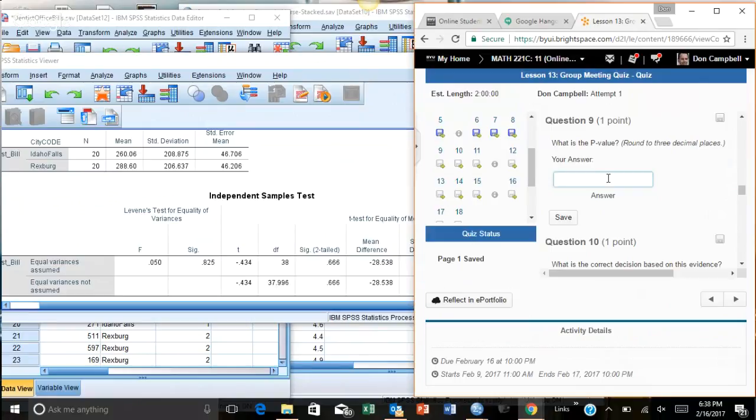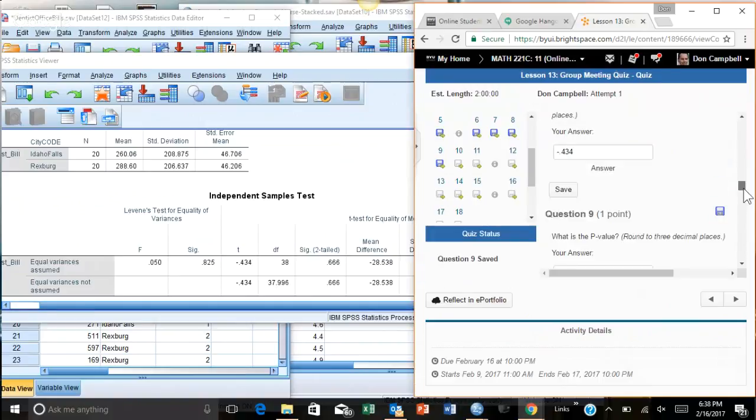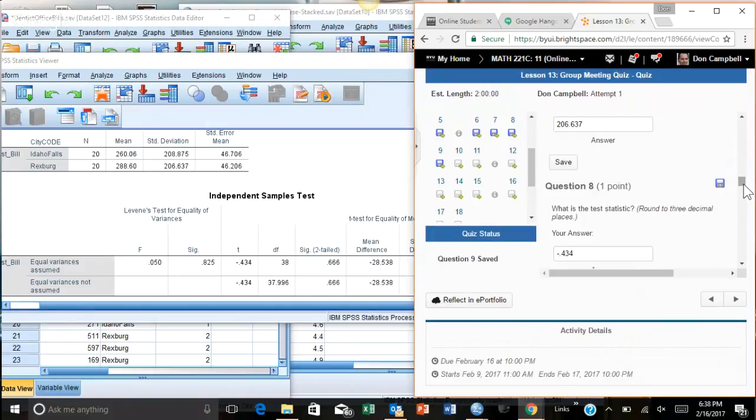Because we're doing a one-tailed test, we just leave it as it is. And if we get it wrong, we'll know where we went wrong. That's a good motto, I feel.